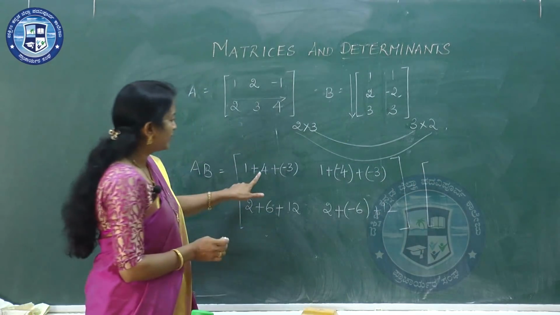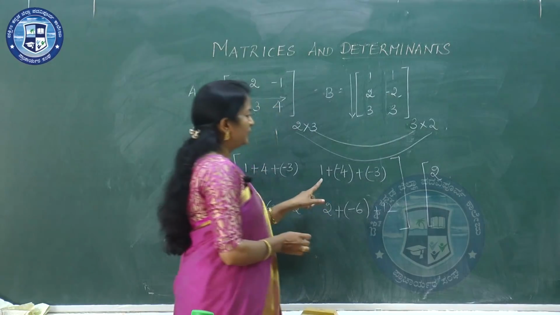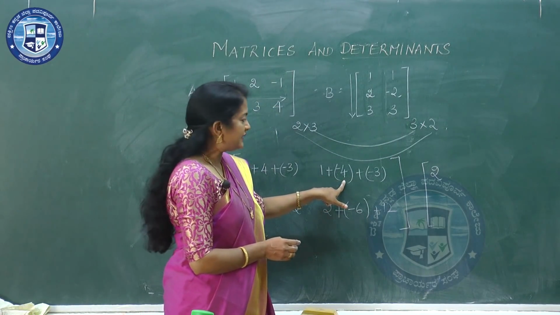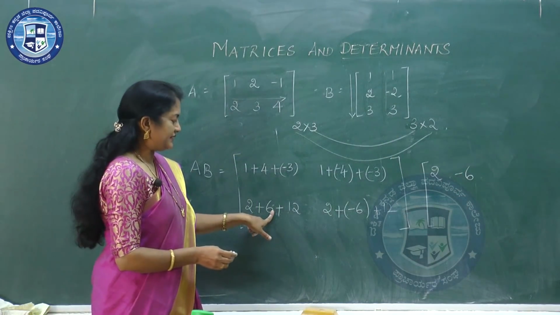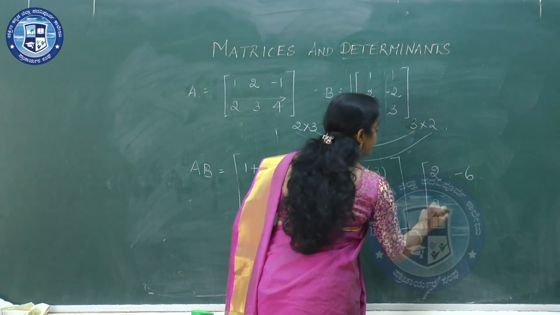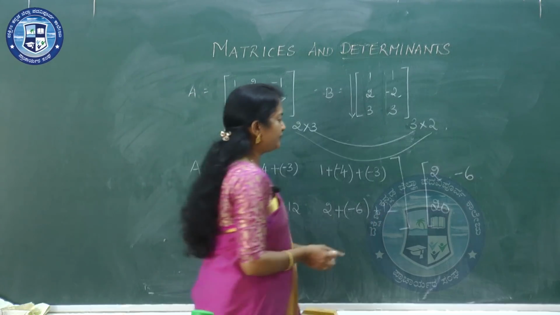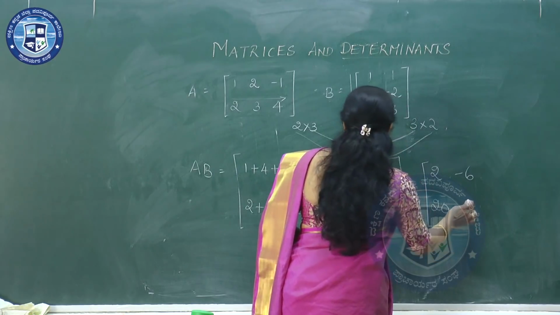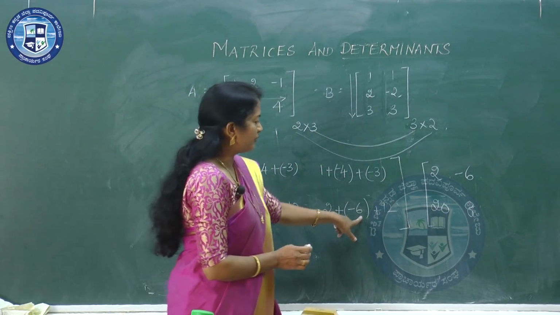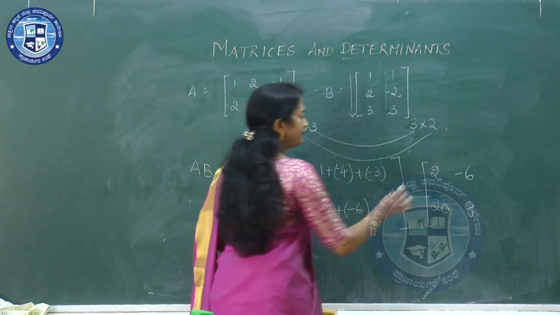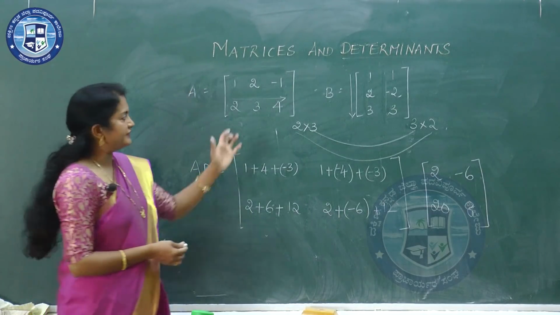We will see now: 1 plus 4, 5, 5 minus 3, 2. 1 minus 4 minus 3, minus 3 minus 3, minus 6. 6, 8, 8 plus 12, 20. 2 minus 6 minus 4, minus 4 plus 12, 8. So this is the product of the matrices A and B.